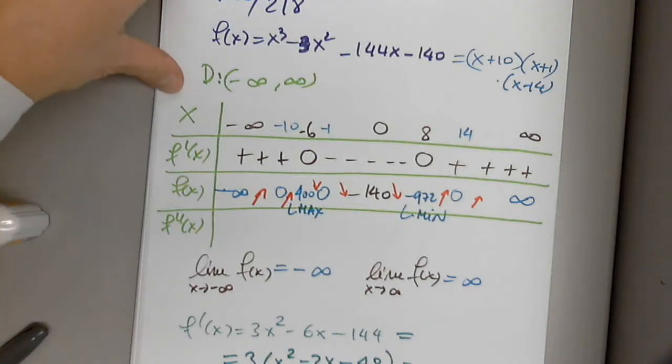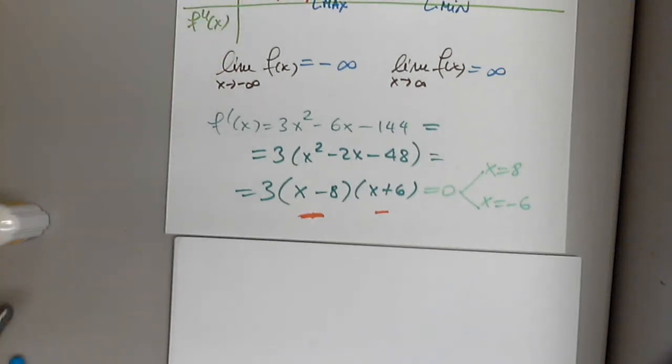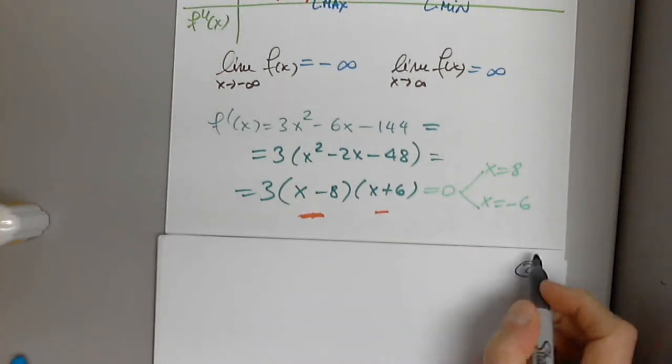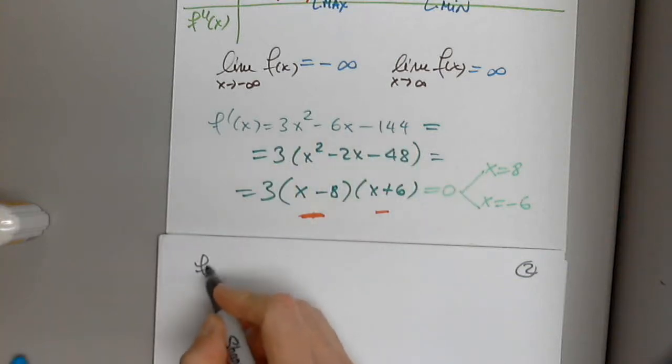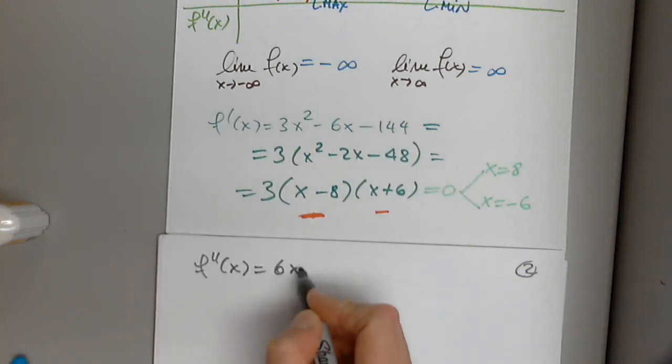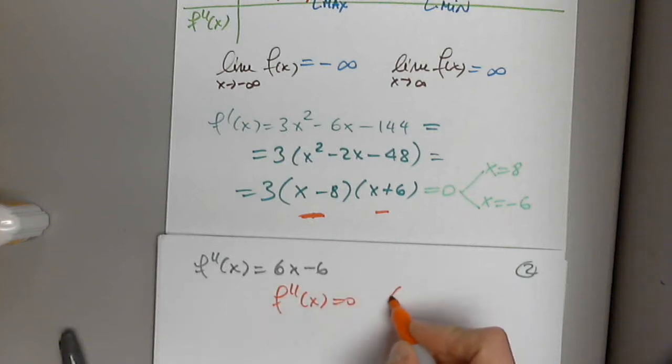Okay, final step. I need to find the second derivative. Not from this, but of course from this. So the second derivative, which is 6x minus 6. So the second derivative is 0. 6x minus 6 equals 0 means x equals 1.